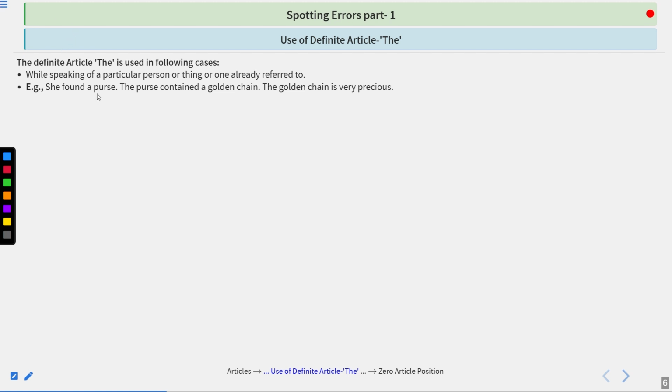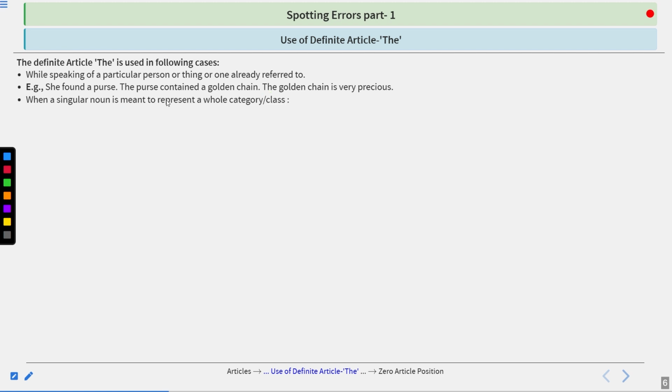As you can see, we have already mentioned a purse, so in the next part of the sentence, the purse has become definite. Here we have mentioned a gold chain, so in the next part, the gold chain has become definite. I hope you have understood.